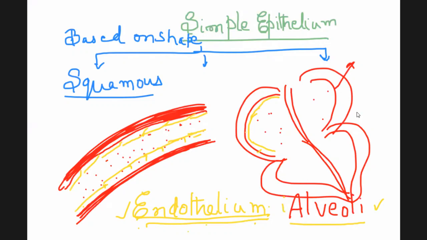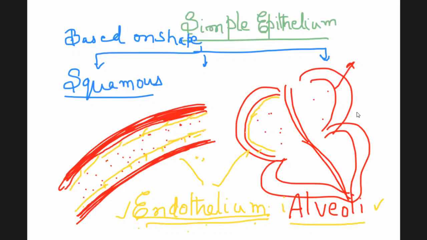So epithelium forming the inner surface of lymph vessels, blood vessels, heart is, come on, endothelium. Epithelium which is enveloping blood and lymph spaces is called endothelium.